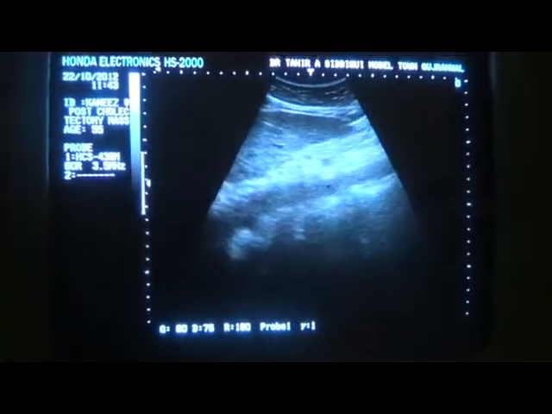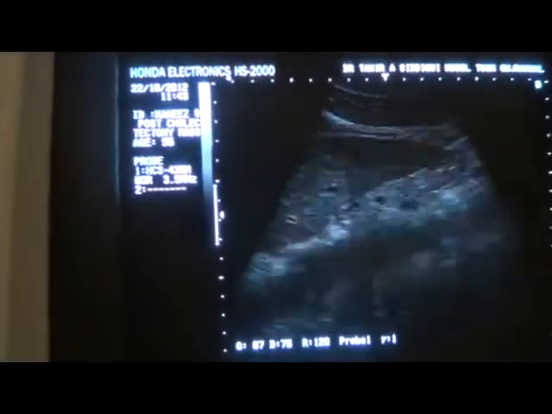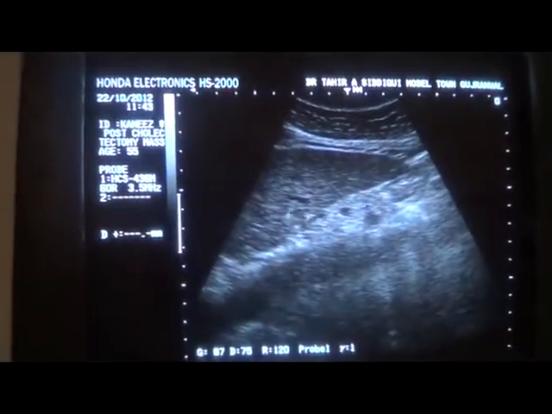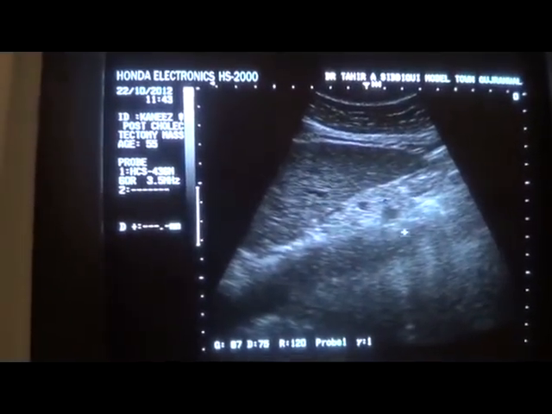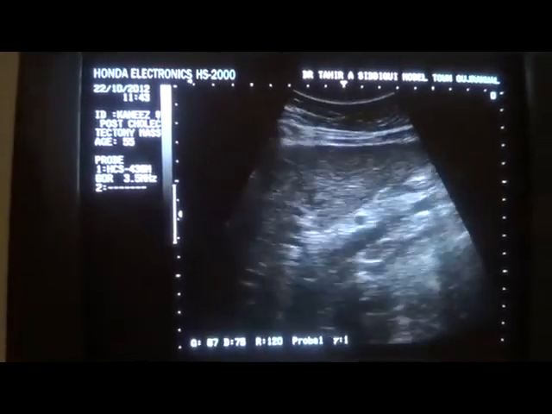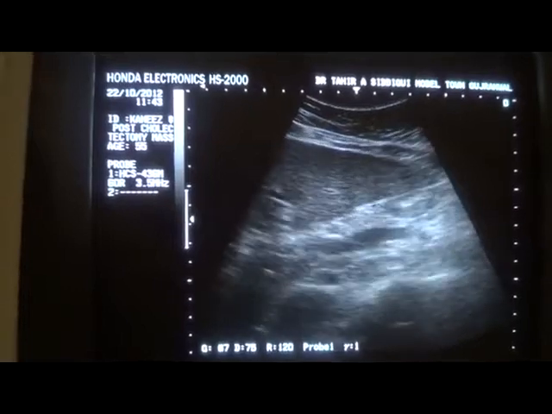First of all, I will go from the center and evaluate the liver first. This is the left lobe of the liver in longitudinal section. This is the aorta. This is the portal vein.